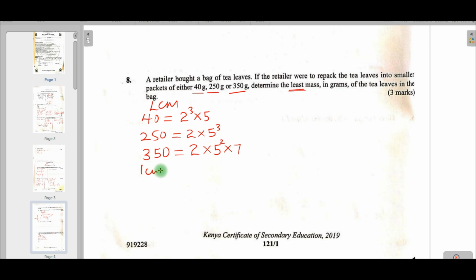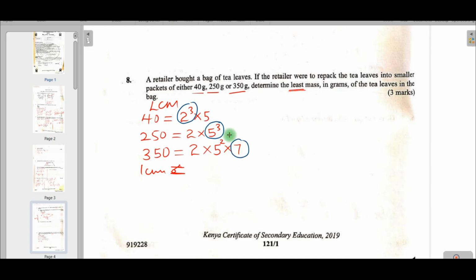And therefore, to get the LCM, we are going to consider each prime factor with the highest power, 2 power 3. The other one for 5 is common, but we take the one with the highest power.